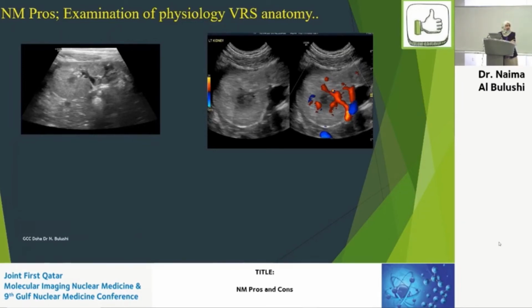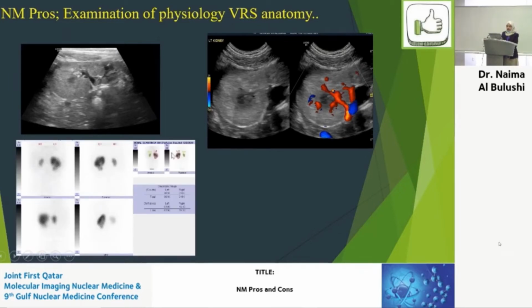This is a very interesting case from our department, from last month: a 1-year-old or 2-year-old child with an incidental finding of what looked like a mass in the upper pole of the left kidney, seen on ultrasound. And what we simply did was a simple DMSA scan. The DMSA scan showed us that, yes, there is an uptake, but this radiotracer uptake is in the normal kidney tissue, in the normal cortex.